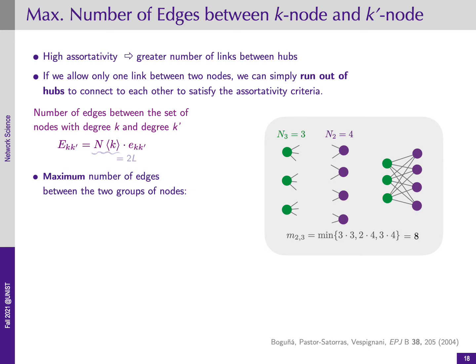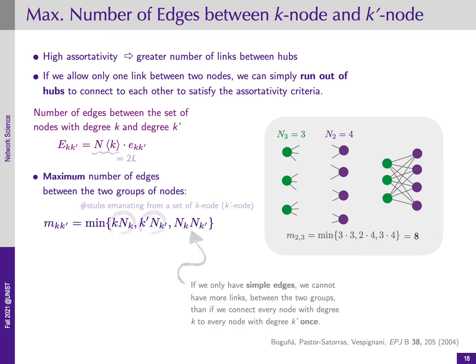But if you compare it to other situations where the degrees are higher than this, let's say you have degree 11 and 12, then the possible connections might be much more than this, right? So in that case, the product of the number of nodes can be a limiting factor sometimes. So overall, the maximum number of connections between the two groups of nodes is limited by this formula, okay?